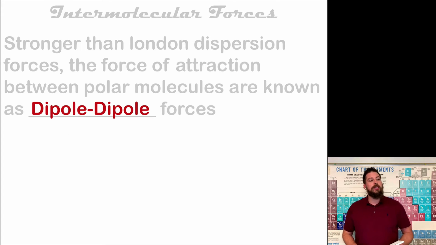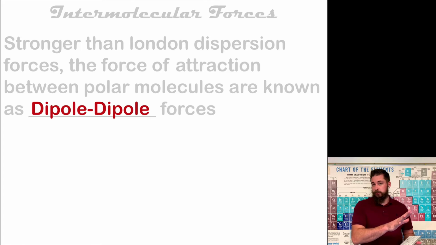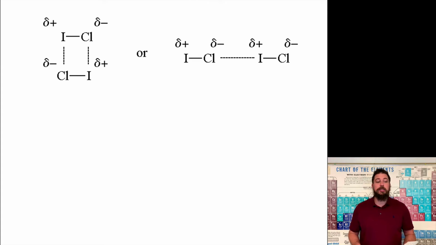Now, the first intermolecular force was London dispersion force. The second type we're going to talk about is dipole-dipole forces. Dipole-dipole forces essentially occur if you have a polar molecule, which has a partial positive and a partial negative end.